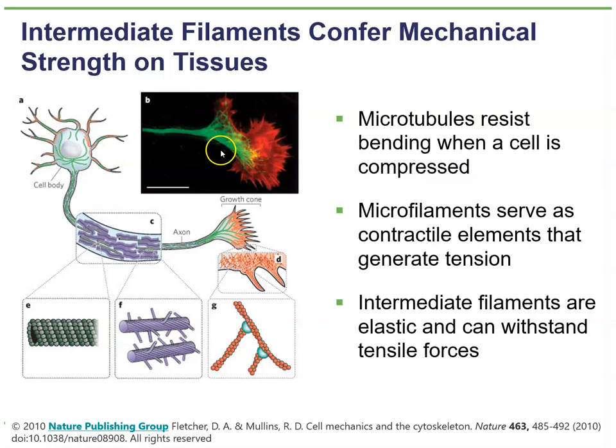And neurons in particular have a very elaborate cytoskeletal structure, where you'll have, for example, in green, microtubules. In purple, that you can't really see very well, you would have the intermediate filaments in the middle, and then in red, we have the actin microfilaments on the outside and in the axonal growth cone.